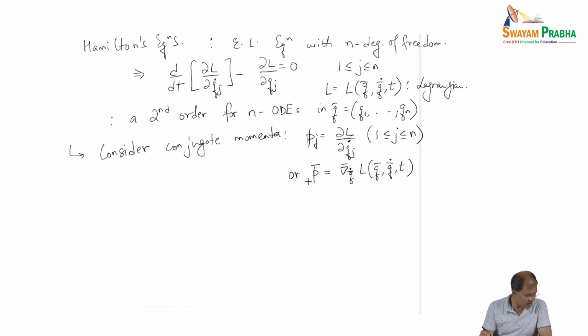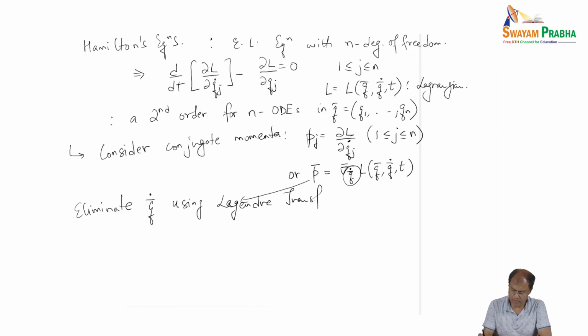Now we eliminate the variable q dot, the generalized velocity, using our Legendre transform, so that q dot is grad with respect to p. So now we are using the Legendre transform to introduce the so-called Hamiltonian H(q, p, t).